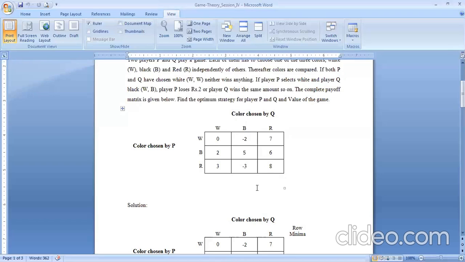It means player 1 and player 2 will not use a single strategy. Instead, they are going to use 2 or more strategies in a certain proportion, which we call a mixed strategy.